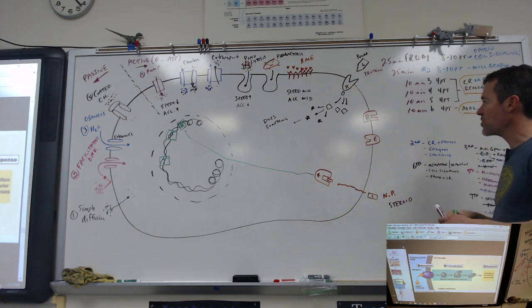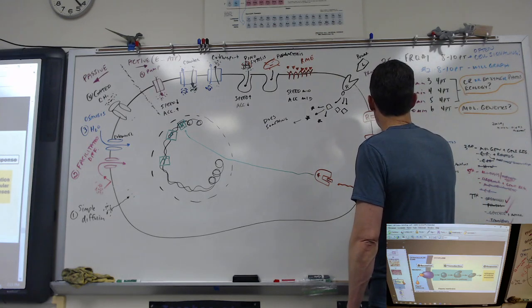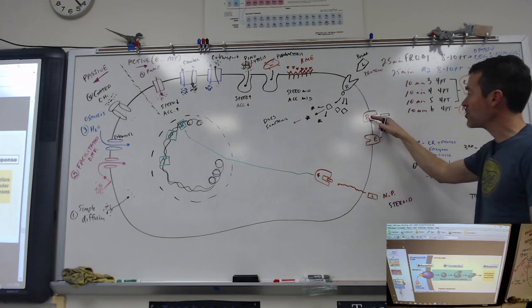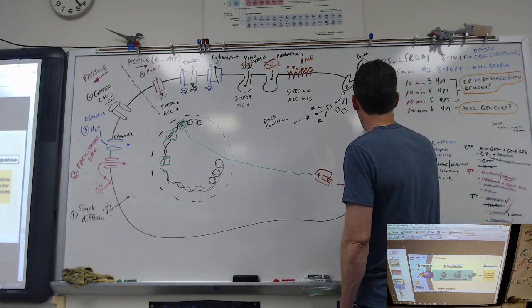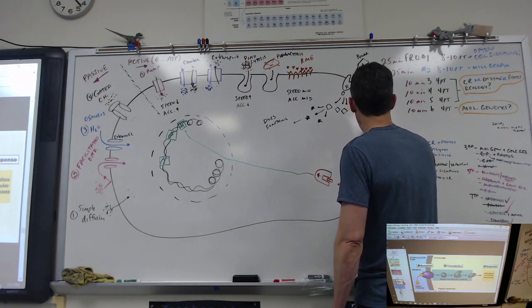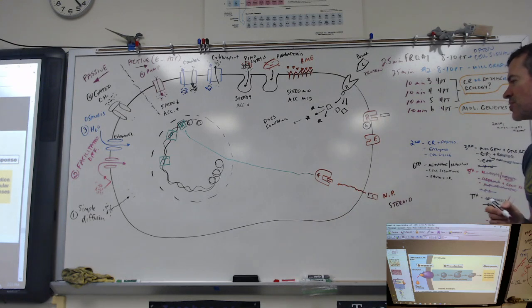So the way that it works is like this. Whenever the ligand fits into that receptor, there's this in-betweener protein. So I guess you could say it's three people doing one person's job. There's a protein called G. It stands for GTP.